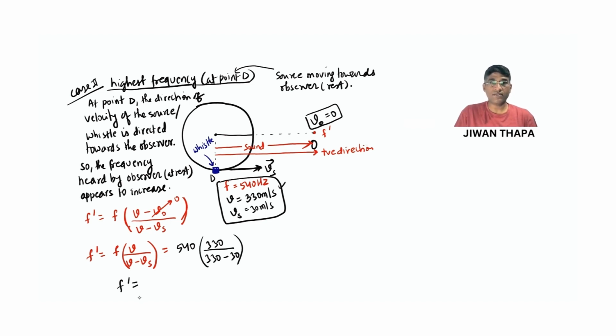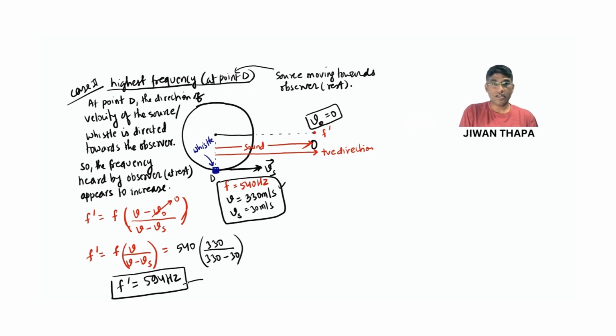Now let's find the value of f dash, that is the apparent frequency. It is 540 times 330 divided by 300. So we get 594 hertz.